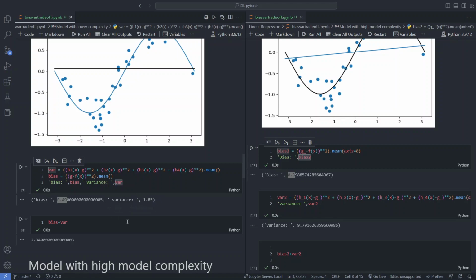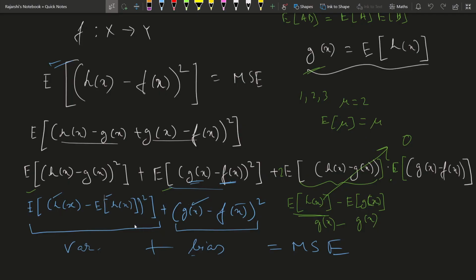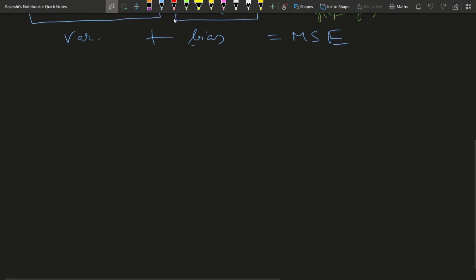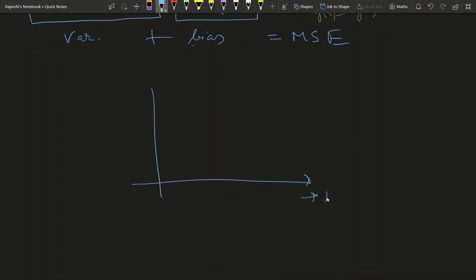So that means if you increase the model complexity, if you just draw a simple graph of the model complexity, then the bias decreases. So this is your bias. The bias decreases.